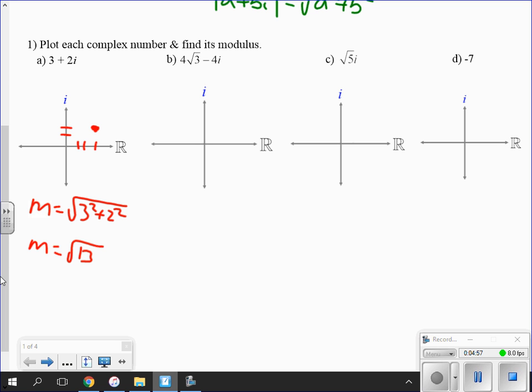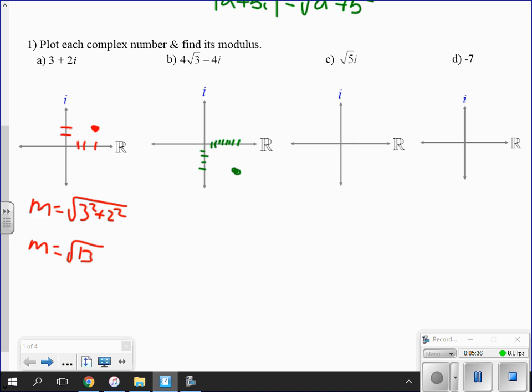It's about 7, because root 3 is 1.73. So you go over approximately 7, 1, 2, 3, 4, 5, 6, 7, and then down 1, 2, 3, 4. So it would be there.